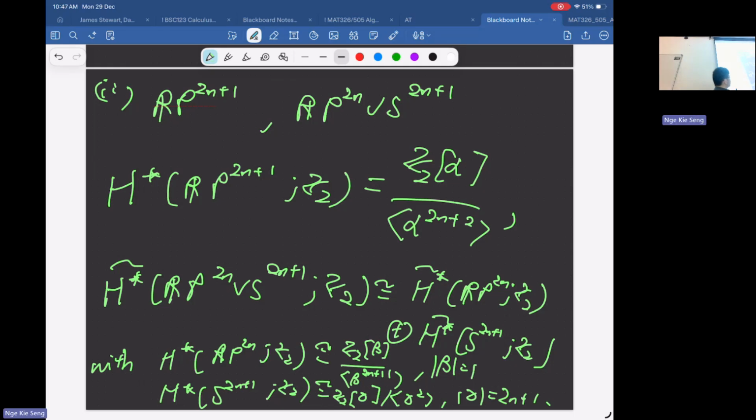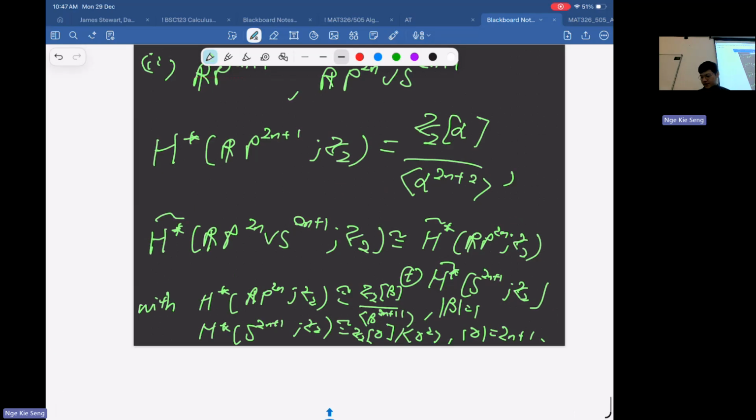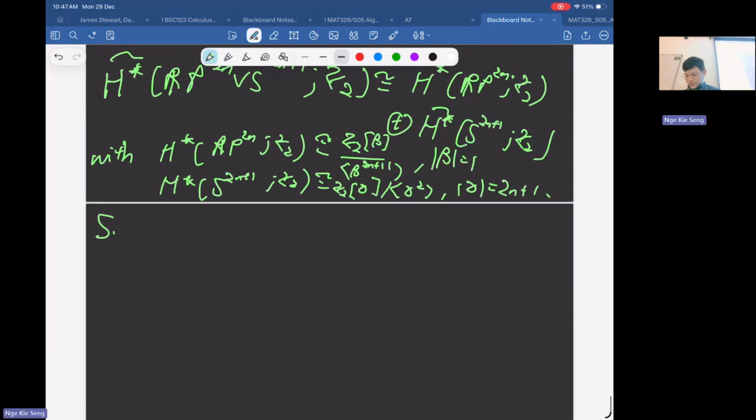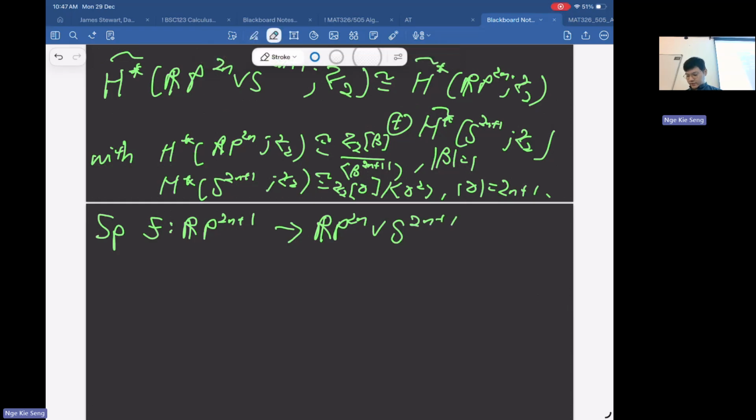Here we got two generators, but that one is degree 1, so we're going to send the degree 1 to degree 1. Suppose f goes from RP2n+1 to RP2n wedge S2n+1. This is an isomorphism.